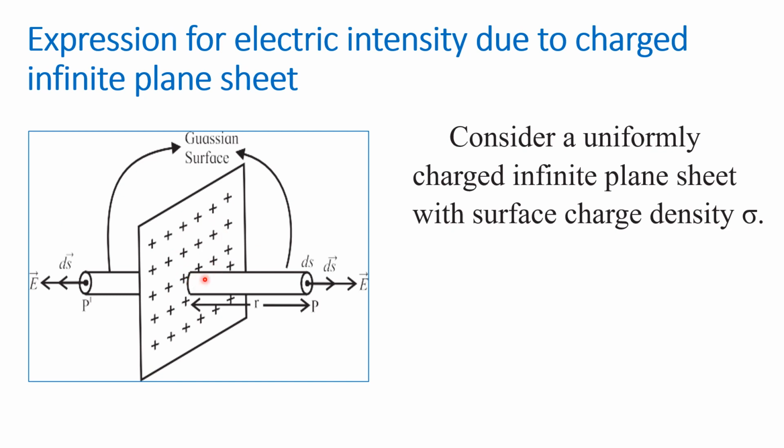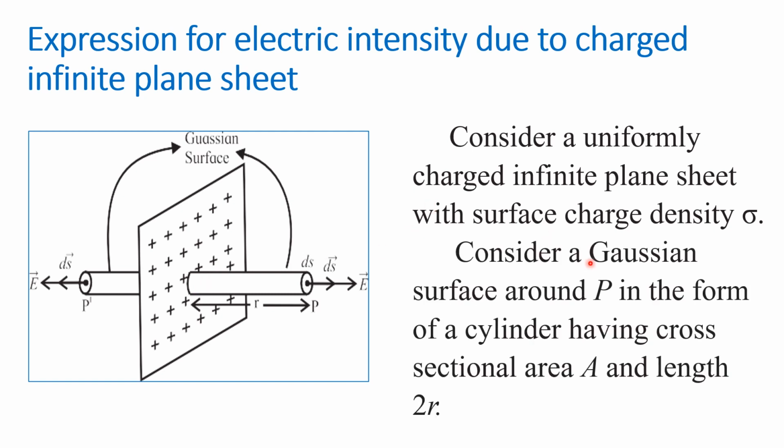As we know, Q is equal to sigma A, or sigma is equal to Q upon capital A. Next consider a Gaussian surface around a point P in the form of a cylinder having cross-sectional area capital A. Here ds is replaced by capital A and the length is 2r.